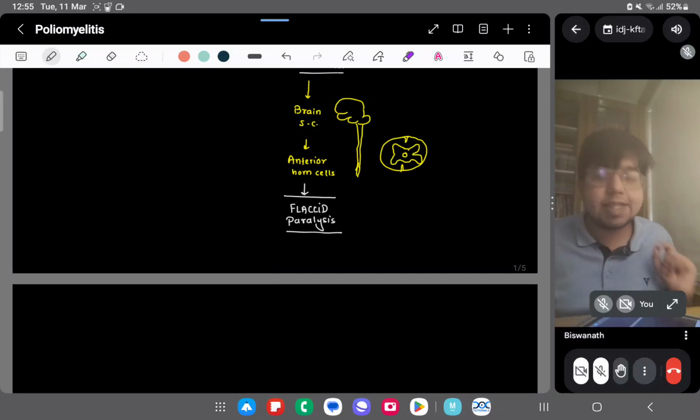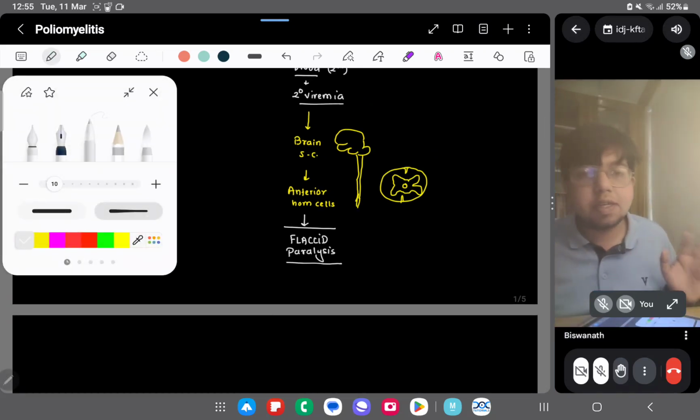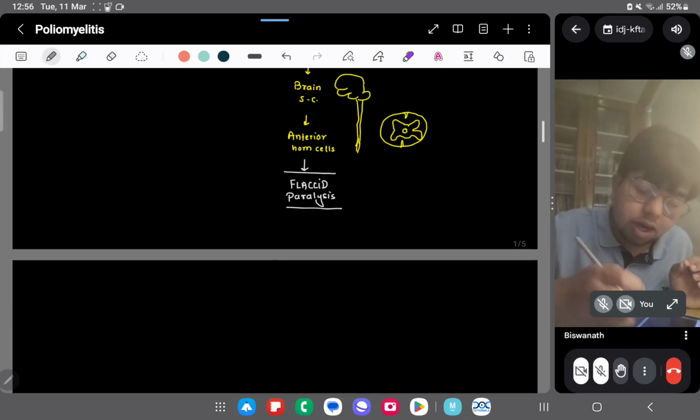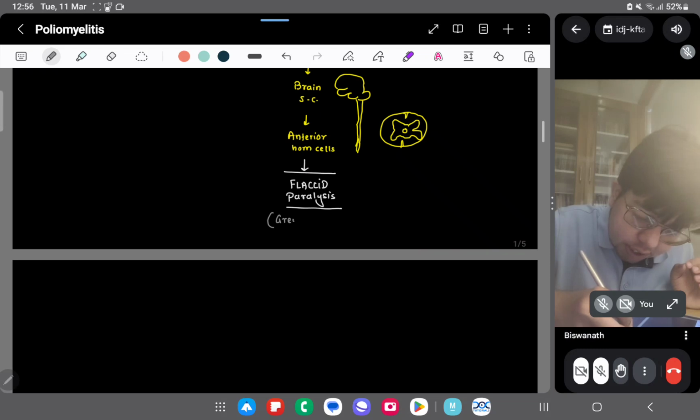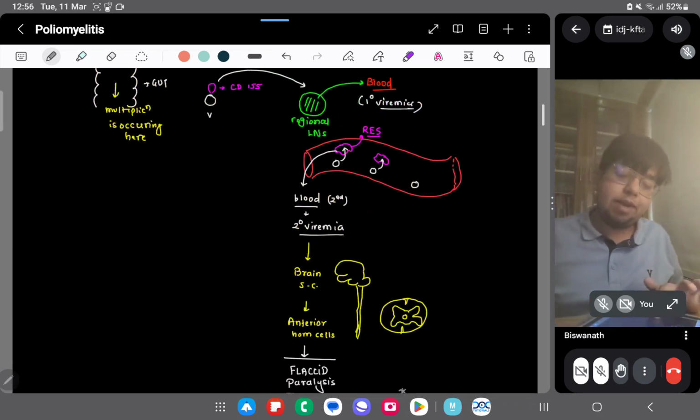And this flaccid paralysis is occurring in the gray matter area of the spinal cord and brain, in spinal cord more specifically. So it is also known as gray matter myelitis. This name is also important.